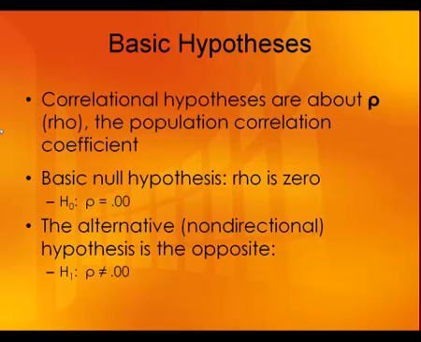The alternative, and typically what we're trying to prove, is non-directional: that the population correlation does not equal 0. We're going to find either a strong positive relationship or a strong negative relationship, and that they're not just equal to 0, where one does not impact the other. We are trying to prove some kind of relationship.